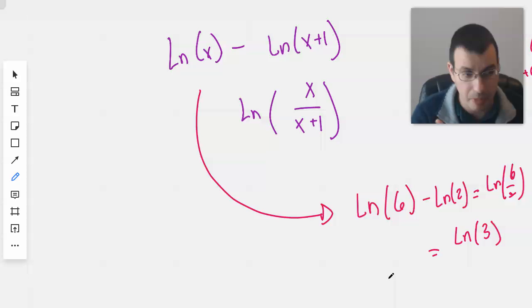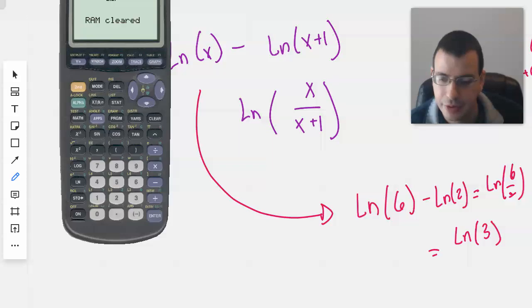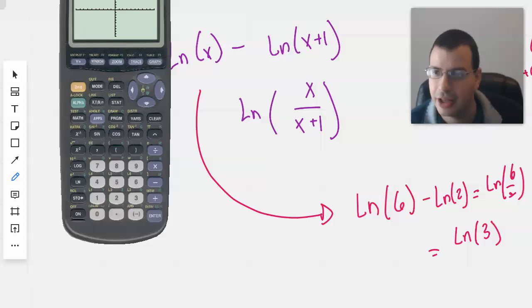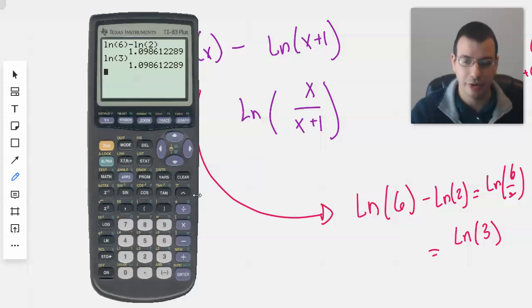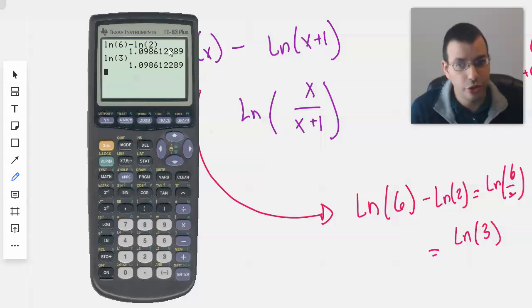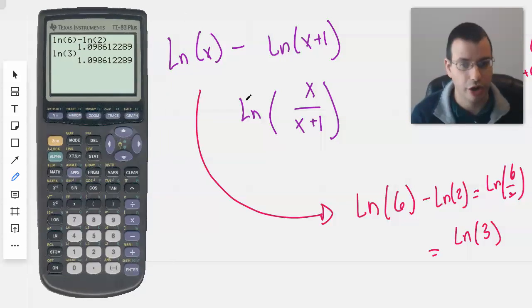Is that true? Maybe, possibly. Let's check. Grab our calculator, and we'll do ln of 6 minus ln of 2. And that gives us 1.098, natural log of 3, 1.098. Okay, so this doesn't mean that the rule is true, it just means that it's not obviously wrong.